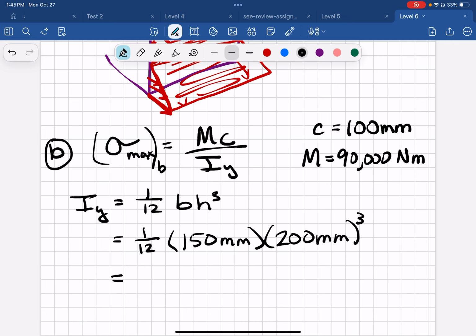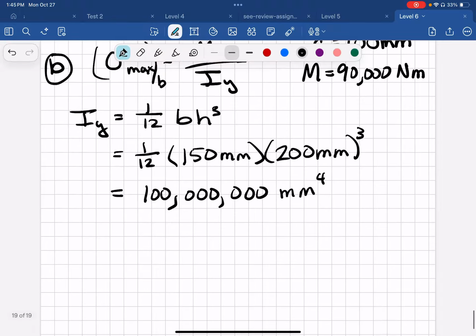And that gives us 100 million. Let's see, 1, 2, 3, 4. Yep, just making sure I have the right number of zeros written down.